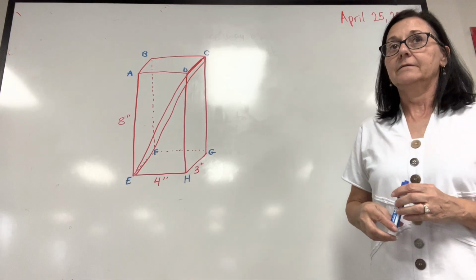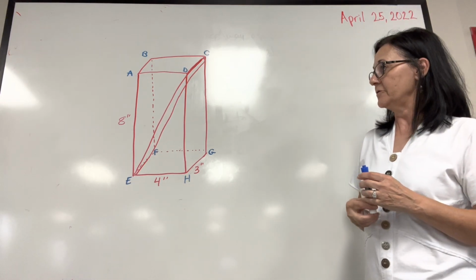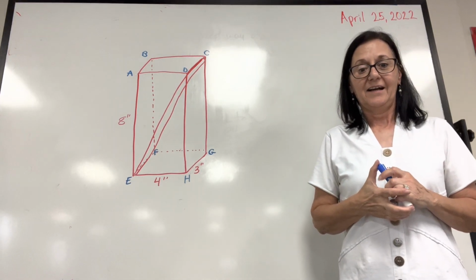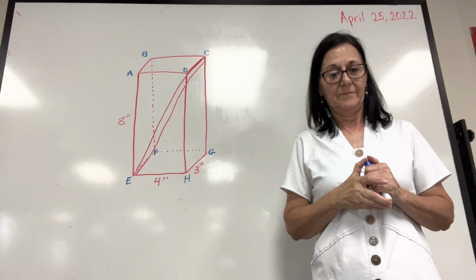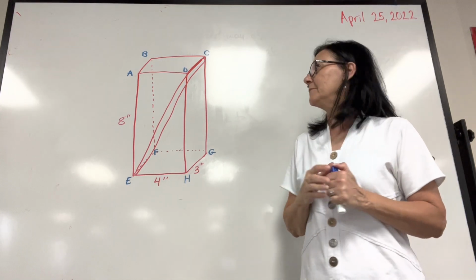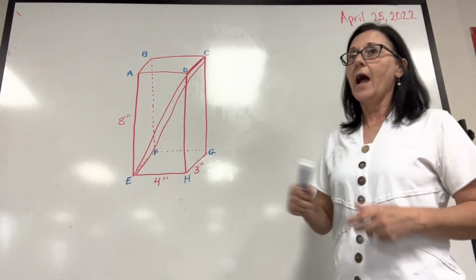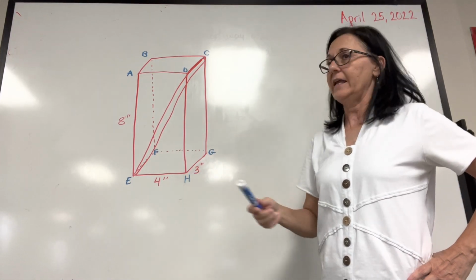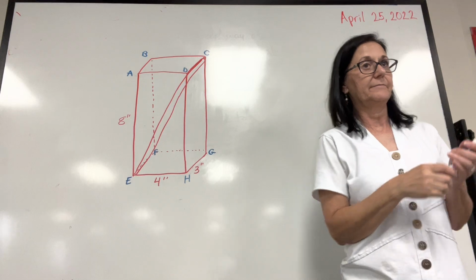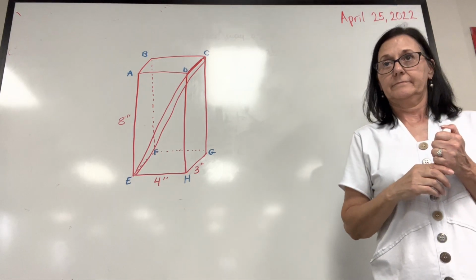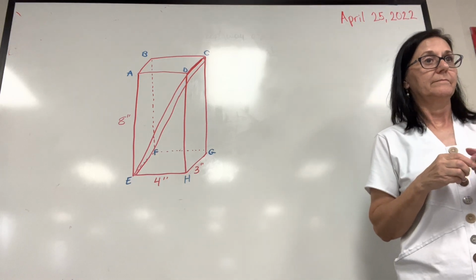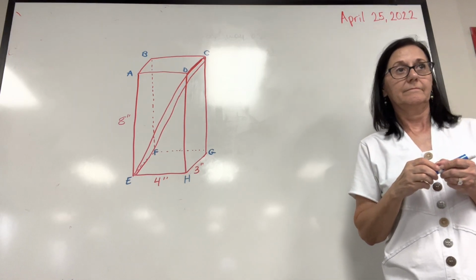Abby graciously drew this image on the board. It's much better than mine. If I wanted to know the length of AH, could I calculate it? How would I calculate it? The Pythagorean Theorem.